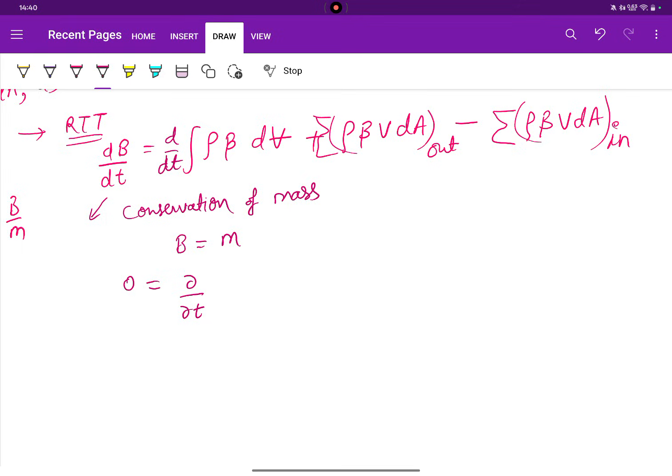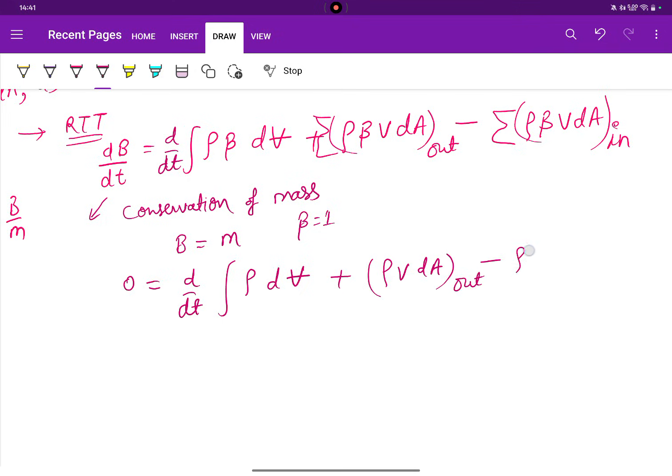So B is this, so what I get is d by dt of rho, and beta would be 1, into dV, plus rho v dA out minus rho v dA in. I can write 0 on that side, or on this side, that is fine.